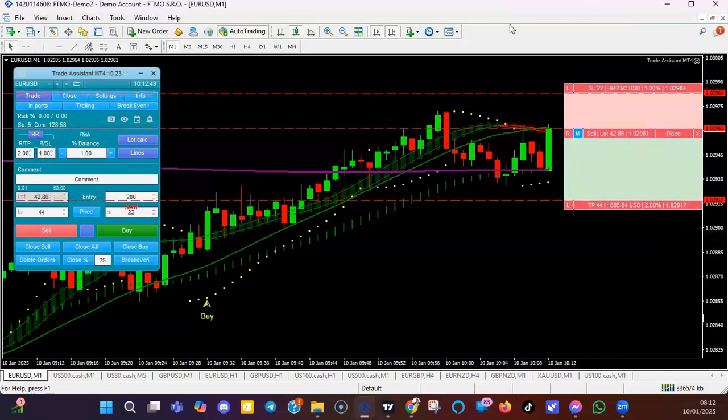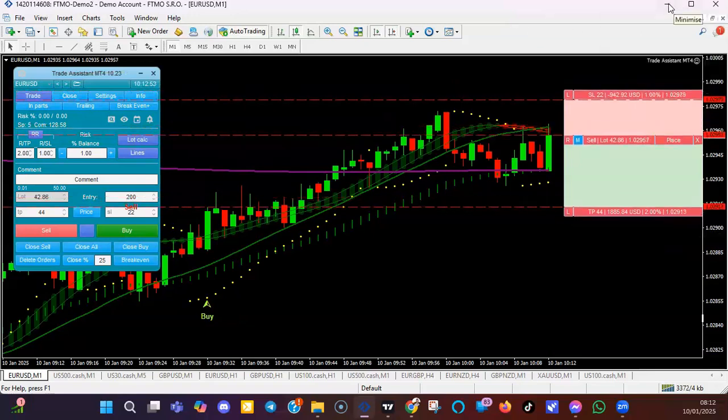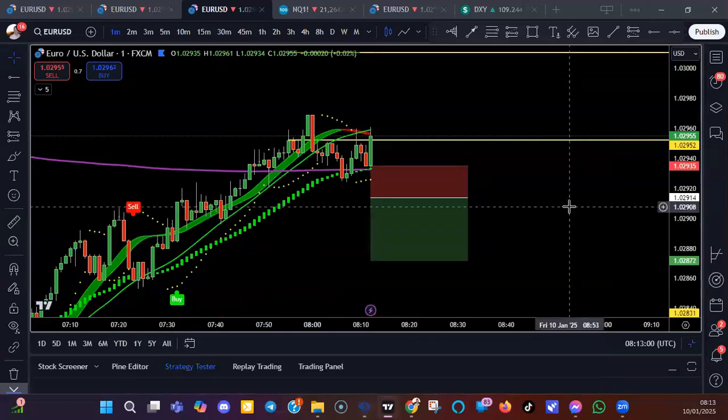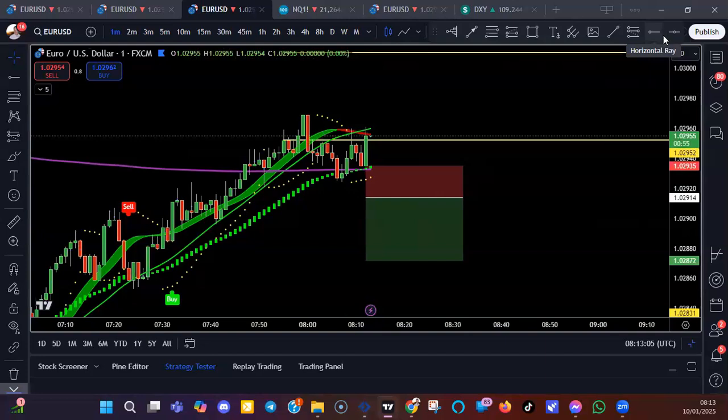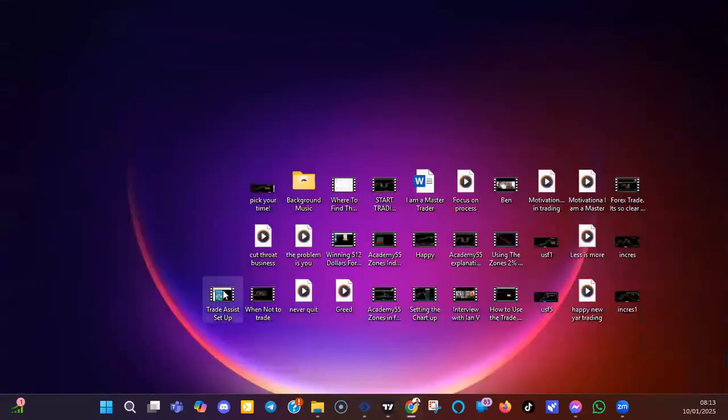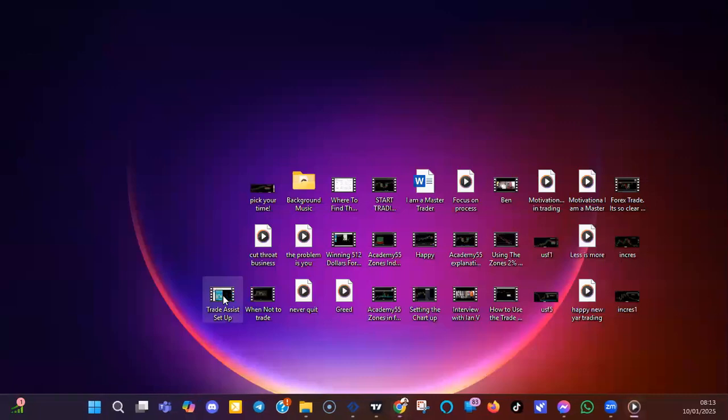The price is going that way, so I'll keep an eye on this. We're in sell zone territory, so we want to take the next sell. And in the meantime, I'm going to keep an eye on it. I'm going to show you this.